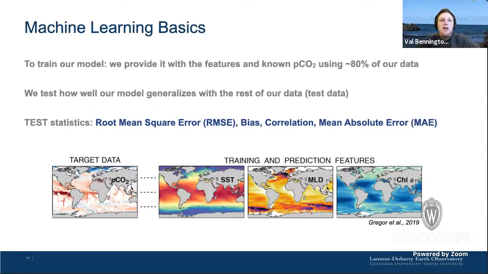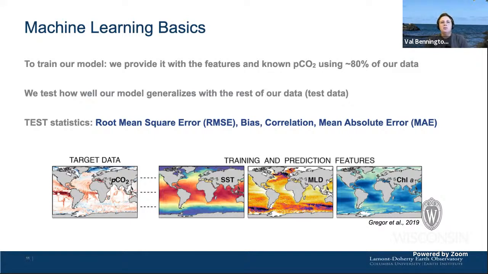And to train our model, or to create the model, we provide it with the features and the known PCO2 using approximately 80% of our data. So from that SOCAT sampling database, we're going to utilize about 80% of it to build our model.